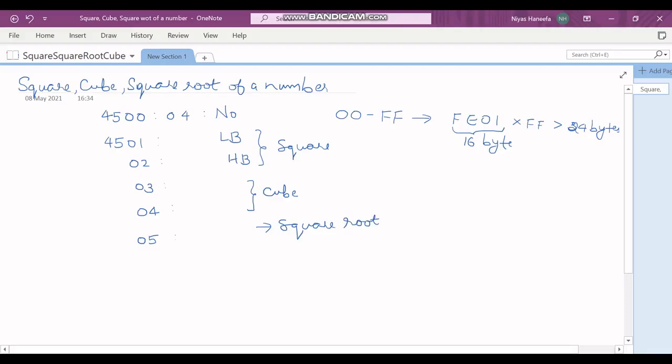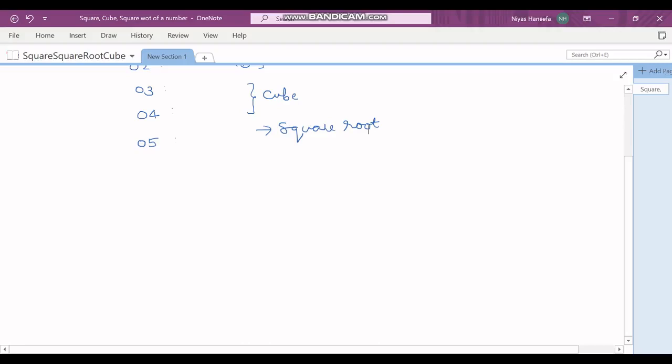Now let us see the algorithm. For the square, you can directly do it using mul-ab, but we are not going to use that. What we are going to do is repeated addition. If the number given is 4 for square, the number might be 04.